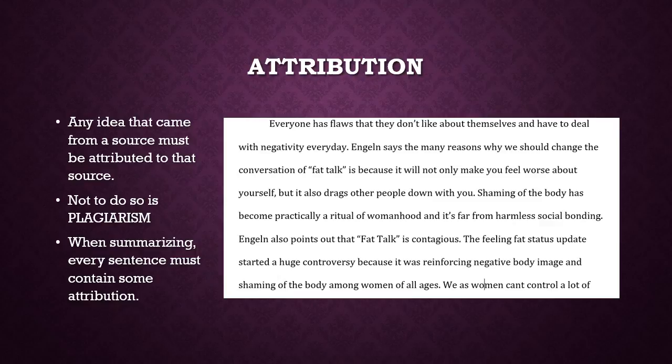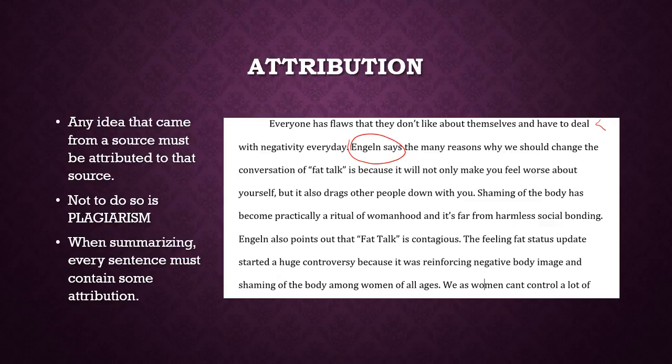So let's look at this paragraph we have here. Everyone has flaws that they don't like about themselves, that they have to deal with negativity every day. Okay, so this is her introductory sentence. Angelin, who is the author she's using, says the many reasons we should change the conversation of fat talk is because it will not only make you feel worse about yourself, but it also drags other people down with you.